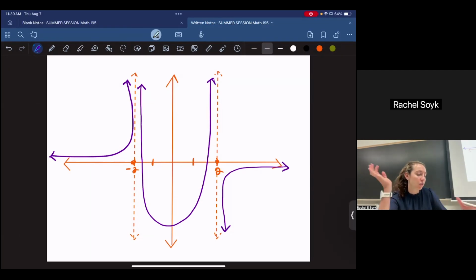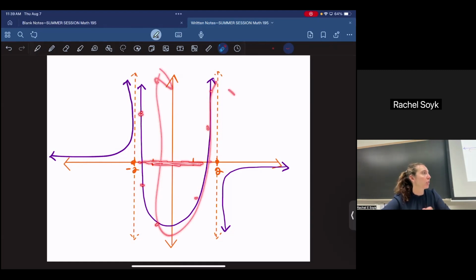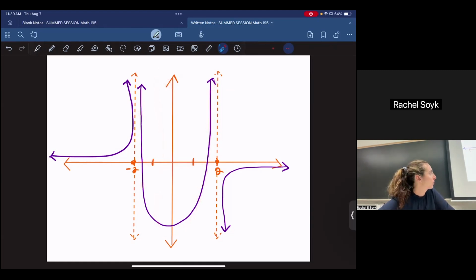Now, how would you figure this out at this moment in your knowledge? You can just choose a bunch of different x values between -2 and 2, plug them into your function, then plot some of those points, connect the dots and figure it out. Very good question.